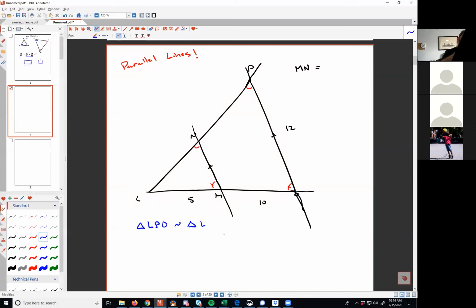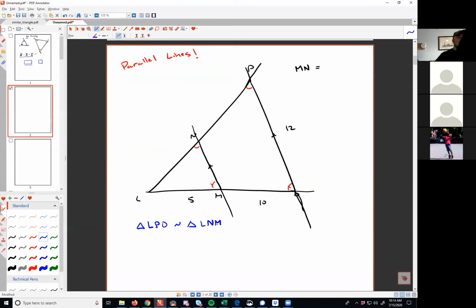Good. When we write similar triangles like this, we're not just saying these two triangles can be arranged in some way to be similar. When we use this notation, we specifically mean that we are matching the angles that are equal to each other.